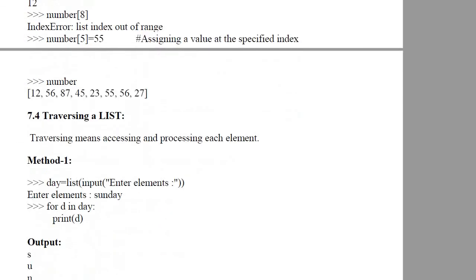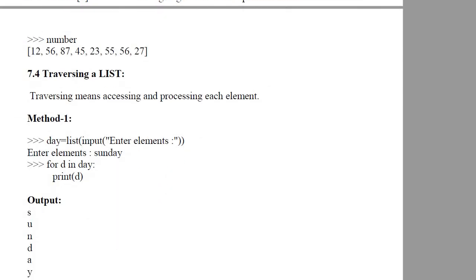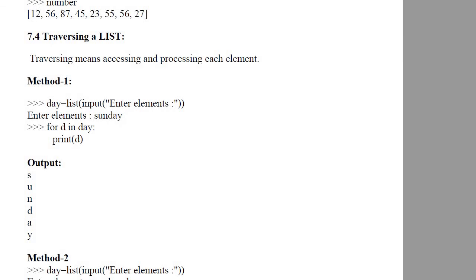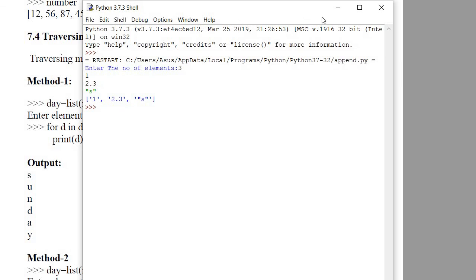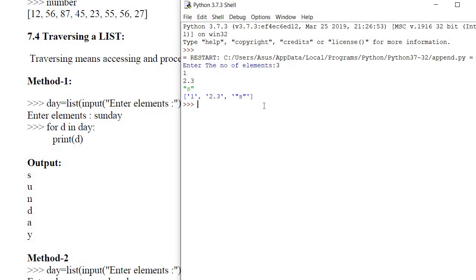Now, how to traverse a list? Let's see an example. We will go with it like this. We just open our IDLE. Fine.